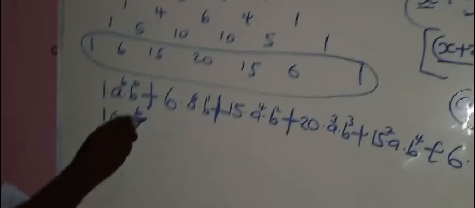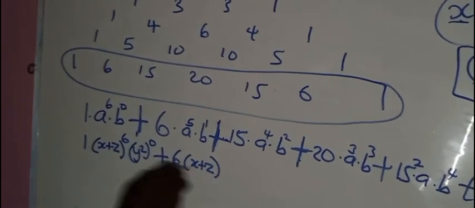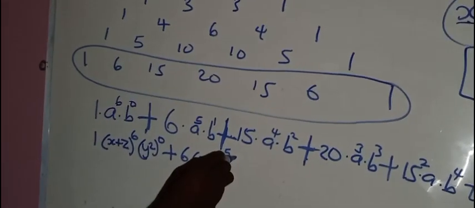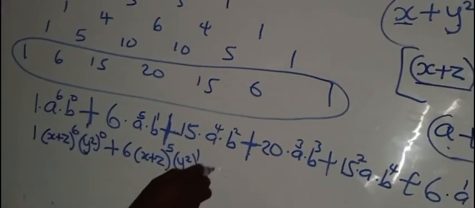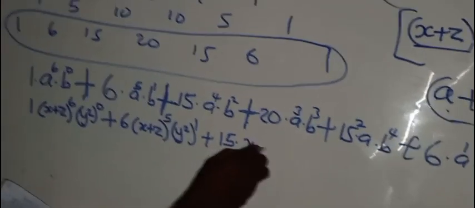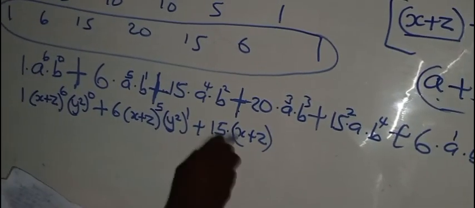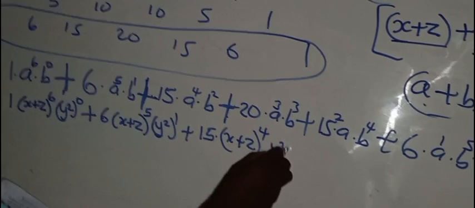Our B is y squared raised to power 0, plus 6 into x plus z raised to power 5, then y squared raised to power 1, plus 15 dot x plus z raised to power 4, dot y squared. I will soon stop now, because we don't have the time.